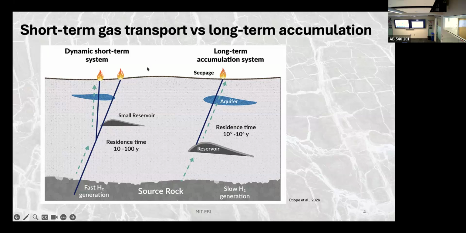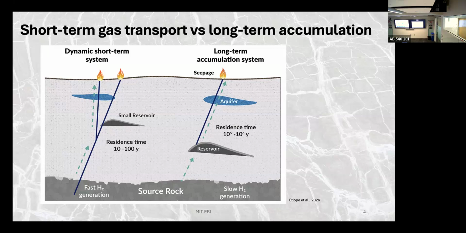The first theory is the so-called short-term system, where the gas generated through active serpentinization is transported to the surface at a relatively short time scale, somewhere from 10 years to 100 years, and there is little accumulation in the subsurface. The second one is called the long-term accumulation system, where the gas generated from the source rock is stored somewhere in the subsurface, and the residence time can be very long, on the order of thousands of years at least.